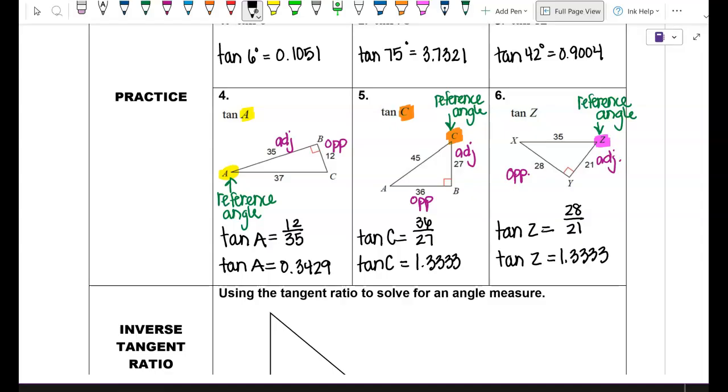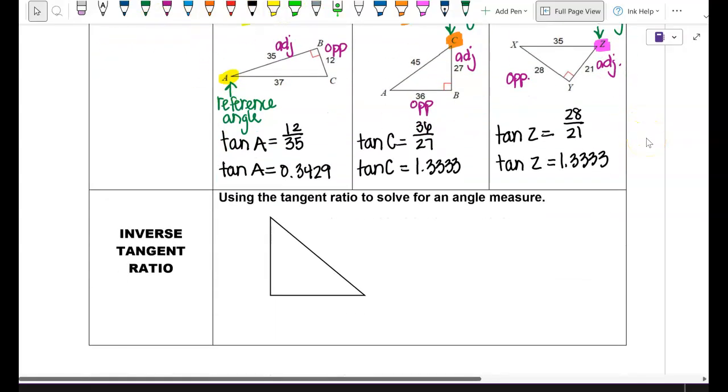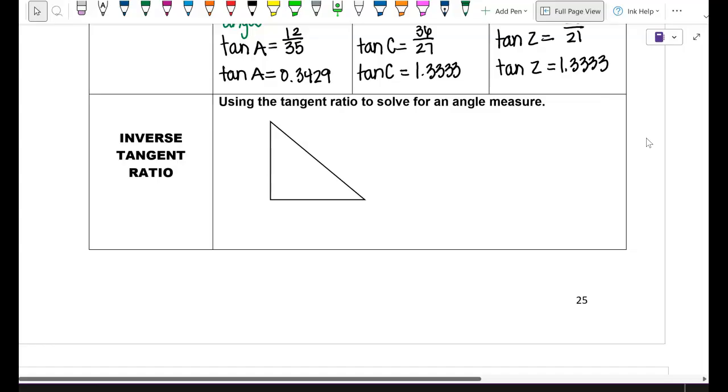Now, how can I use this information to find an angle measure that I don't know? And that's where another function on our calculator is going to come in to help us. So the tangent ratio doesn't change as we move from finding the ratio to finding the angle.